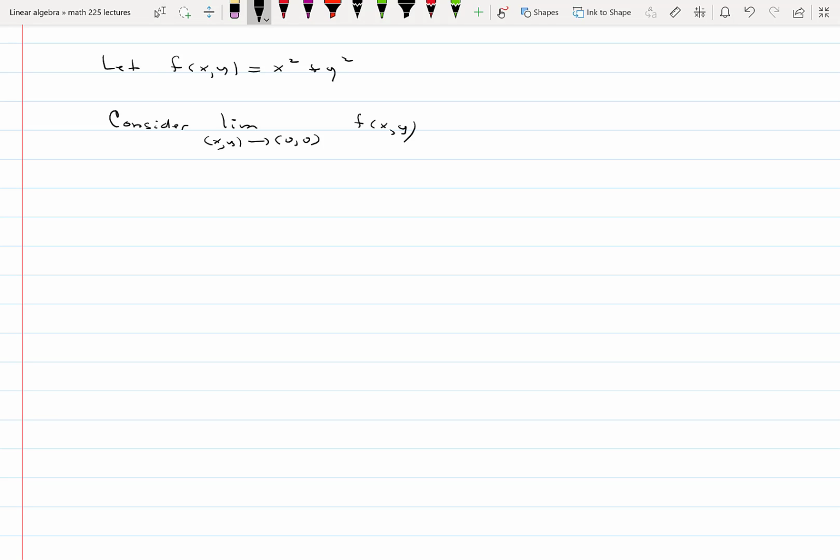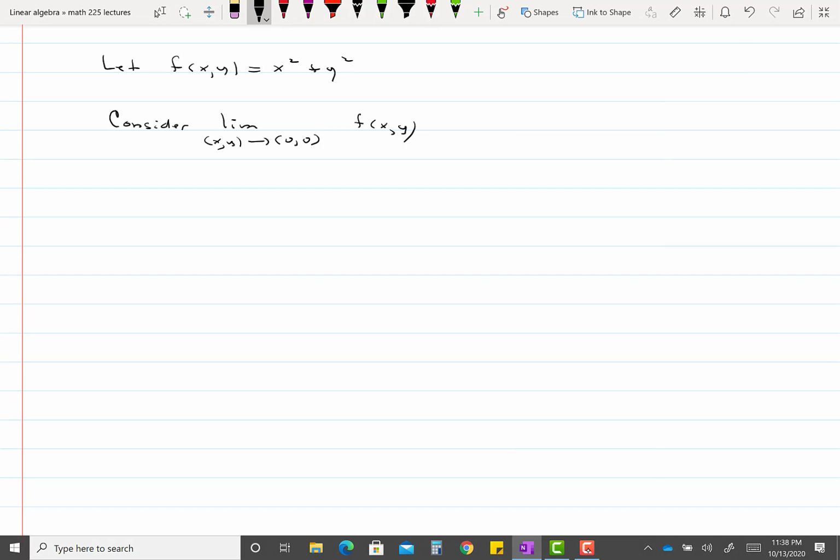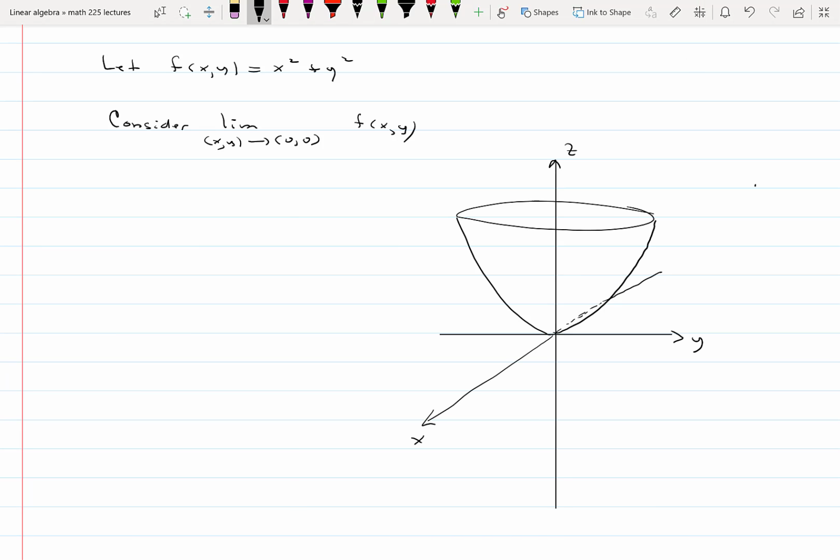Okay, so what does that mean graphically? Here's a graph of the paraboloid in 3-space, and what this limit as (x, y) approaches the origin of the function means is that if we have, and let me put a particular point (x, y) in the xy plane, I want to let x and y approach the origin, but it has to be able to approach the origin along any possible path.